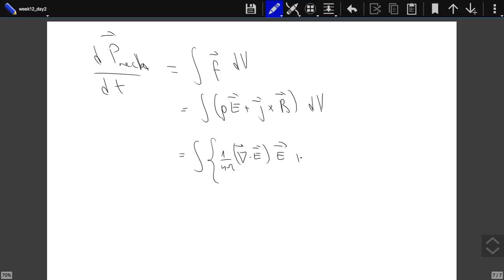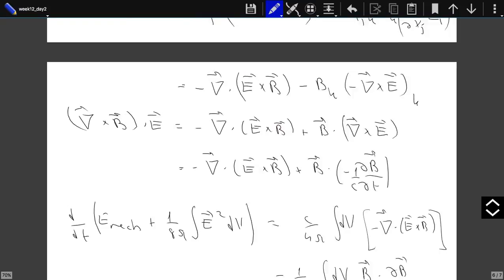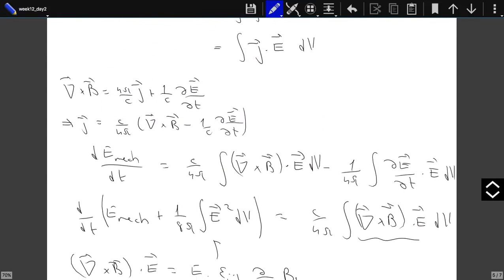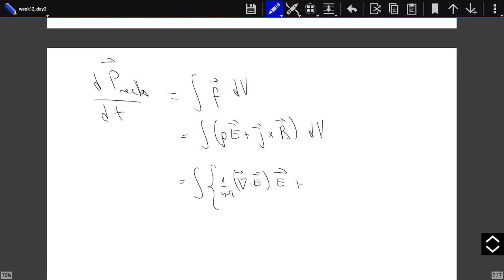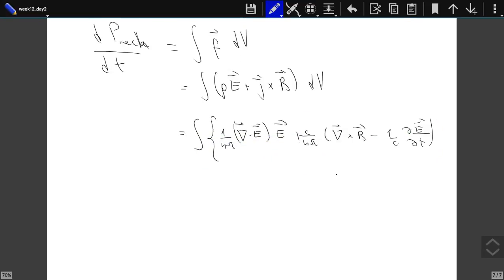We know J. Well, J, we had already solved it over here. J is this one, cross B, integrate over the volume.